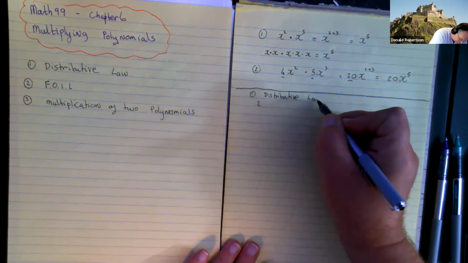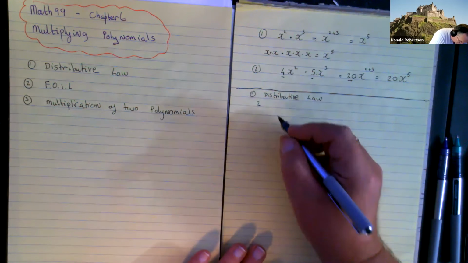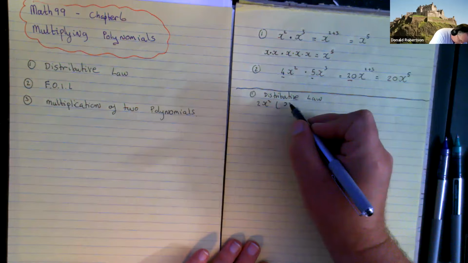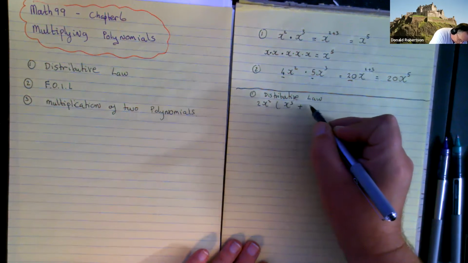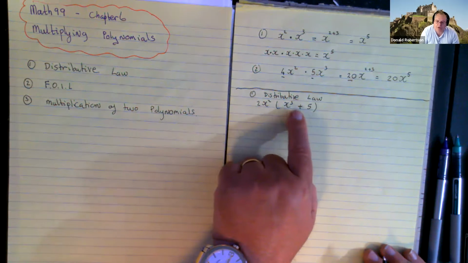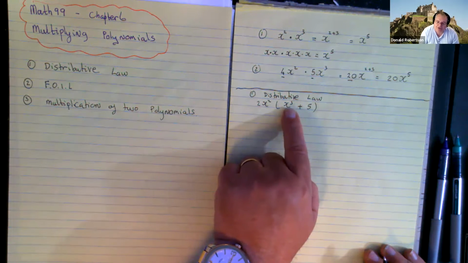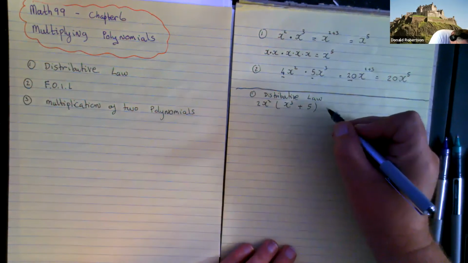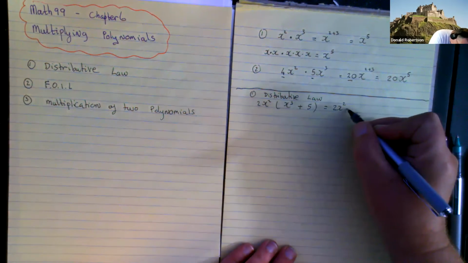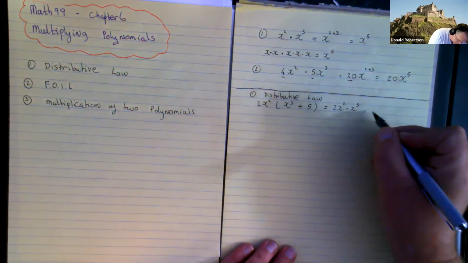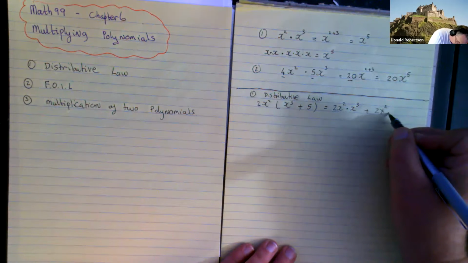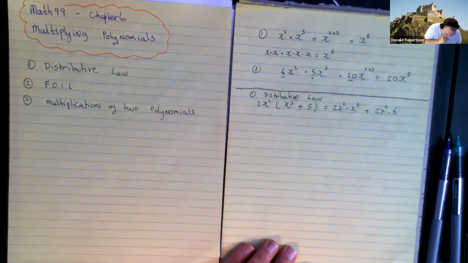Now, the distributive law is a name that we give to questions where you go like this, say 2x squared times x cubed plus 5. And so if you want to multiply 2x squared by the expression x cubed plus 5, the distributive law says that what you can do is you can take the 2x squared, multiply it by x cubed, plus 2x squared multiplied by, in this case, 5.